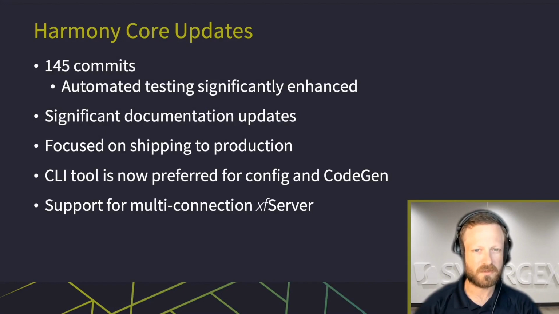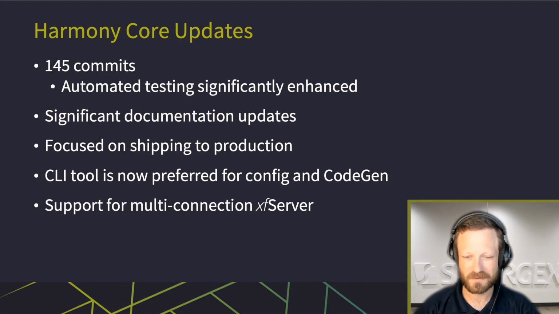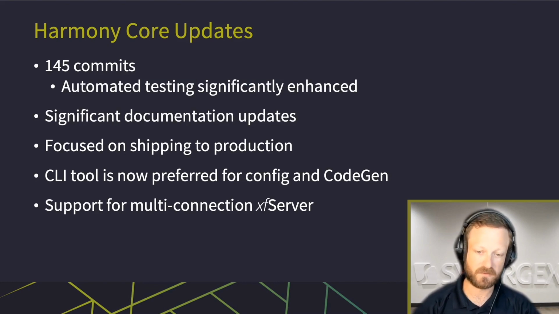So in Harmony Core, we've done about 145 commits in the last year. Most of those have been really focused on enhancing our automated testing. Whenever we do a release, the amount of stuff that we test to ensure we don't break anyone in the field has gone up pretty significantly, to the point now where we've basically automated testing of customer scenarios, but also the tutorial steps.